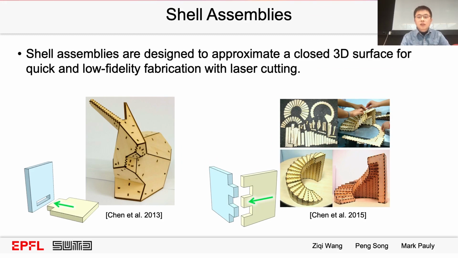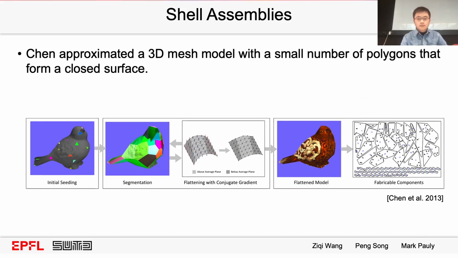Different from spatial and mesh-like assemblies, each part in shell assemblies is oriented following the surface normal like a mesh face. The left work used additional planar connectors, while the right works generate finger joints to connect parts.